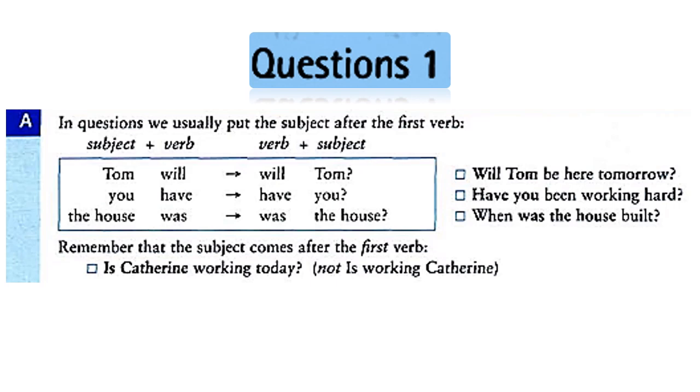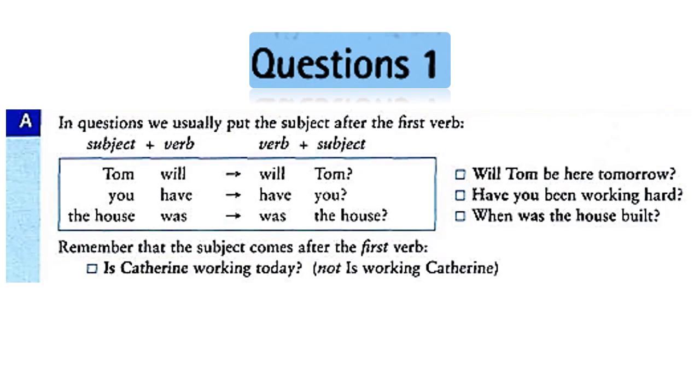In the questions, we usually put the subject after the first verb. So we change the order of the sentence. We have subject, verb, object, and so on. In the questions, we put the first verb or the helping verb before the subject.